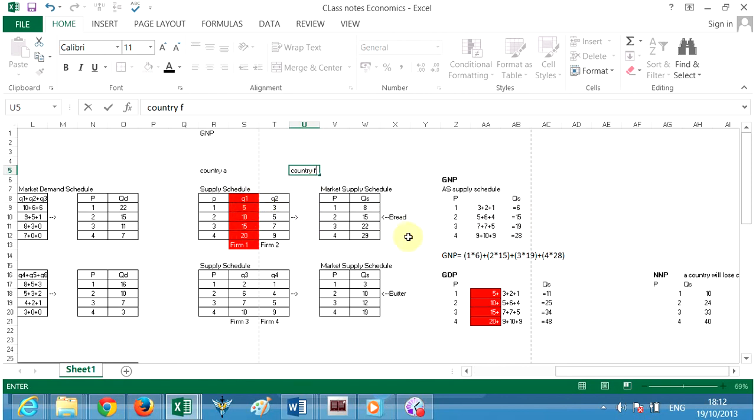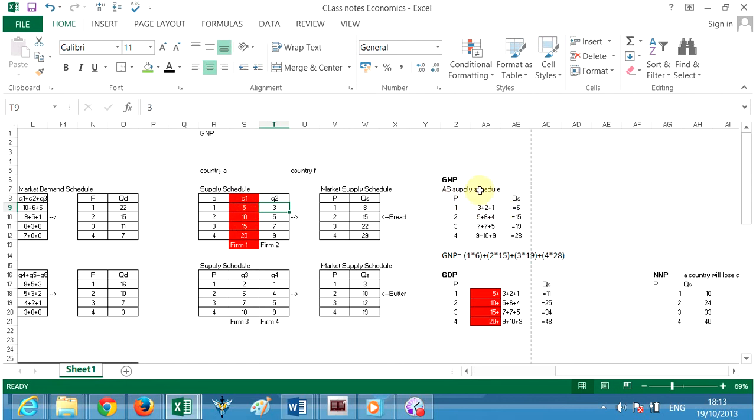So you can look at it here. So GDP, you see this country, this is country A, plus the others, the other firms here, and I keep adding them, and I get the quantity supplied is 11, 25, 34, and 38. It's all the quantities for all the firms within our country A. GNP, notice, does not add these because they're from country F. They're from another country.